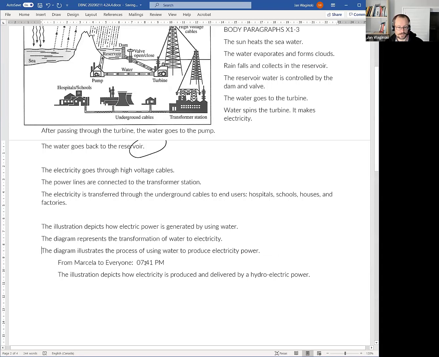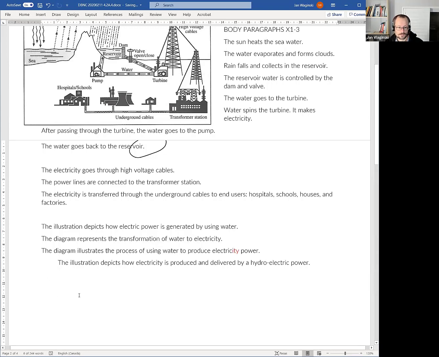Water produce electric power. Okay, electric power. Hydroelectric power. It's not a power, it's just hydroelectric power. Okay, good.